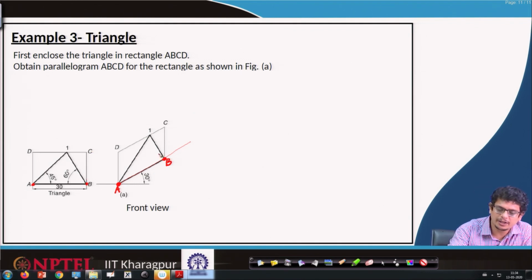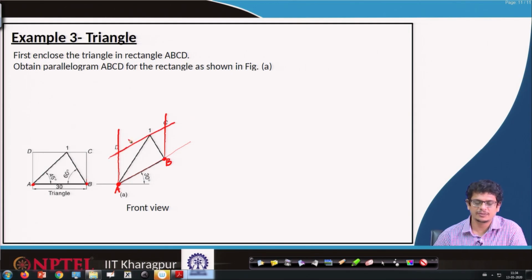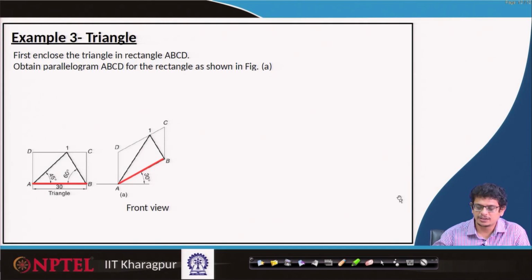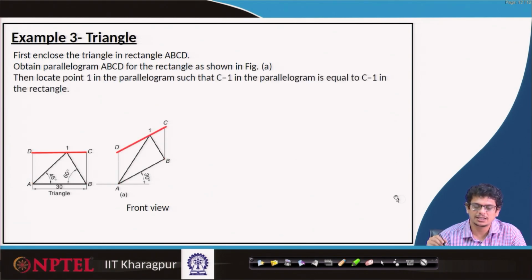Now, from B a perpendicular line, from A also a perpendicular line, and parallel to AB, draw at a distance of BC this rectangle. So, the steps we have followed: AB, AD lines, then BC lines, and then CD lines we construct.